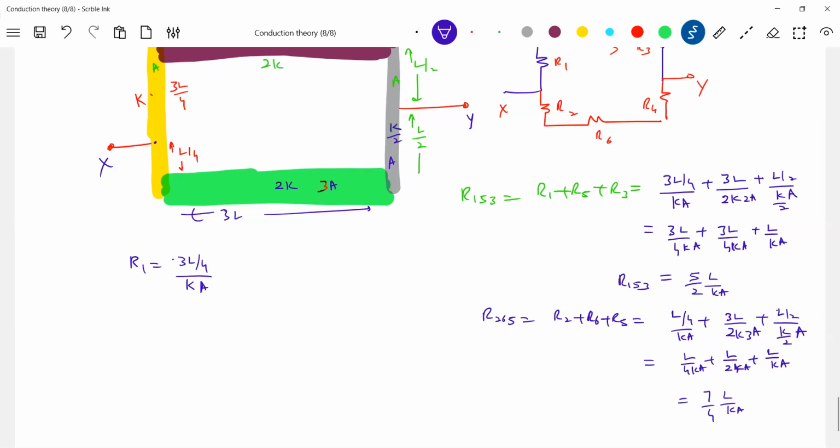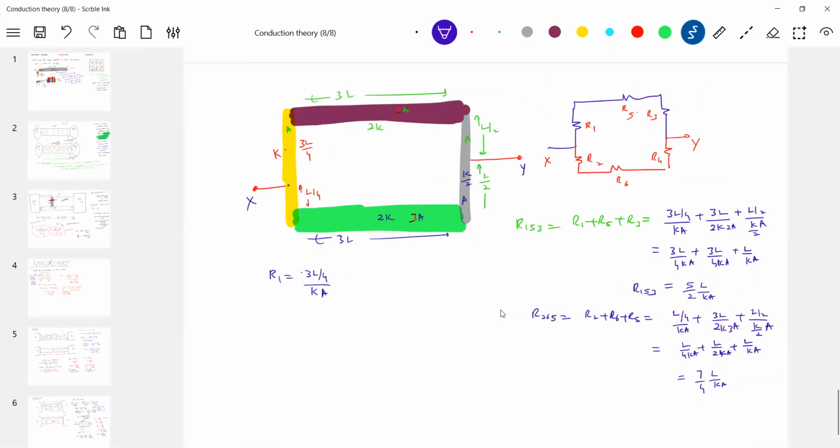Okay, now how are these two? They're parallel. So the effective resistance Rxy should be equal to, again, they're parallel. So this will be a better idea, let me go for it, to minimize calculation. So R135 plus R265.